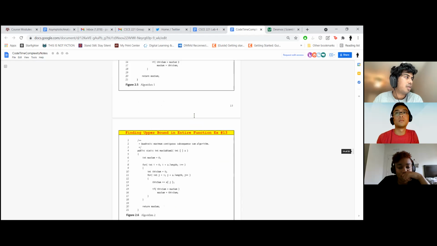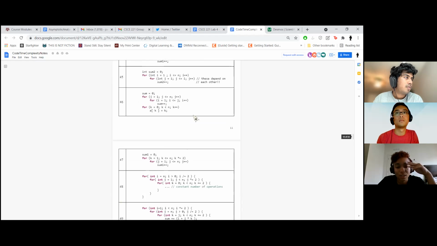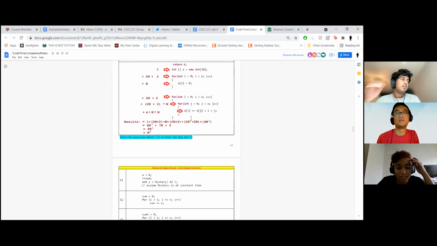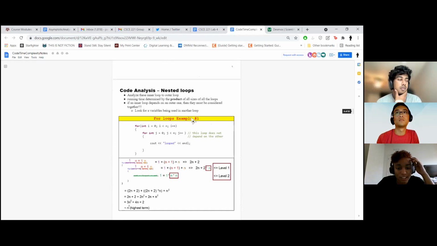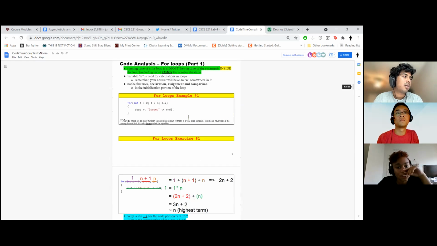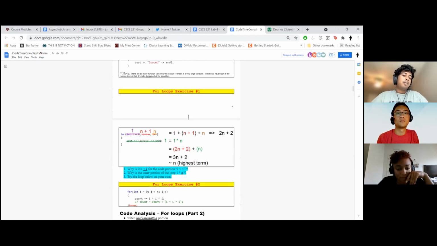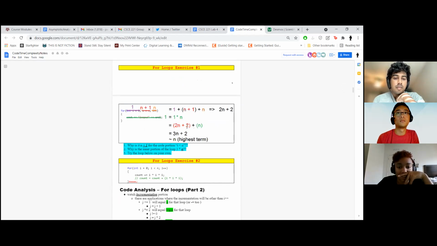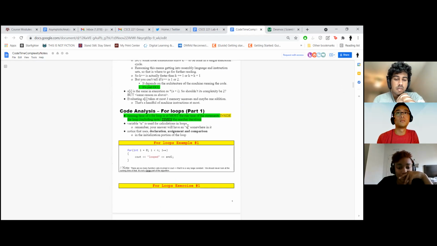I saw somewhere he had i times i times i. I think it's all text, so we could just look it up with Control F. Oh, it's not in the for loop. Sorry, no. That's equal.